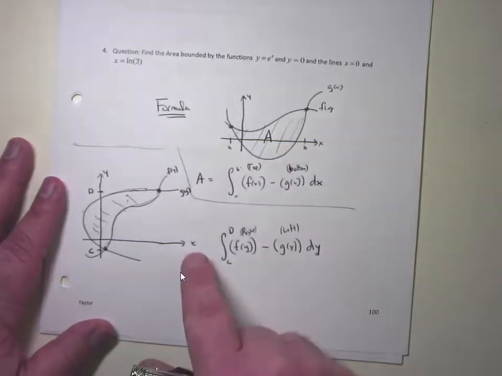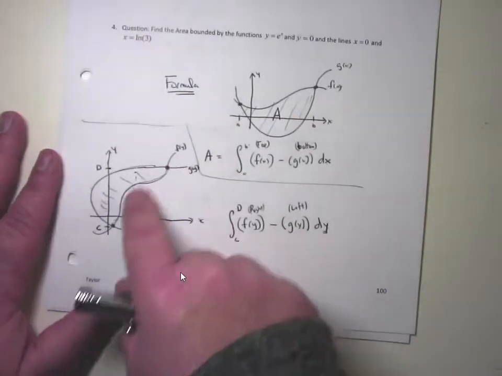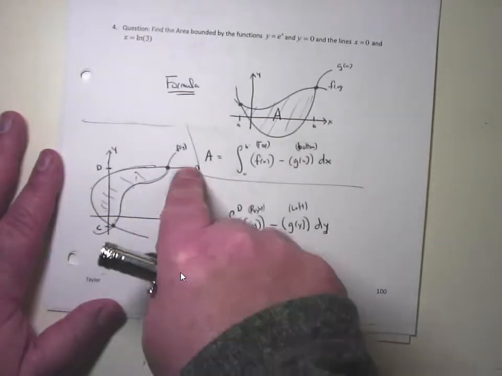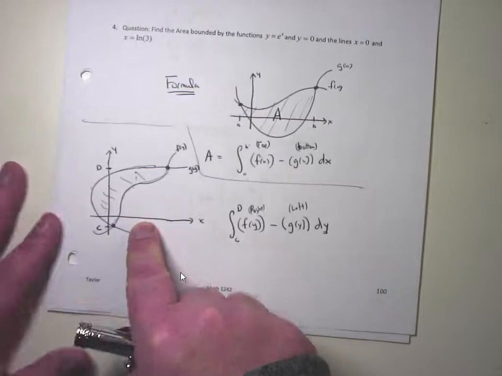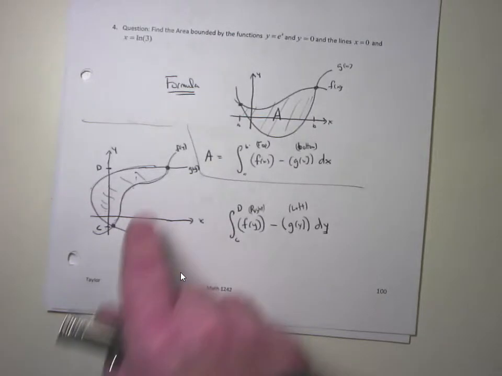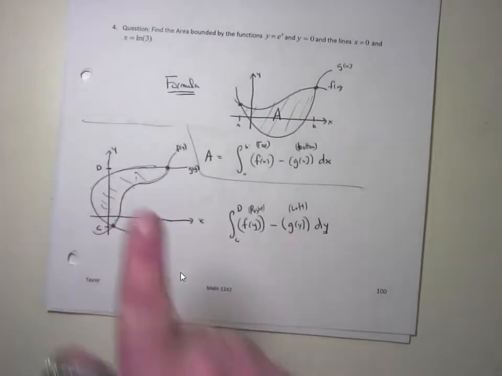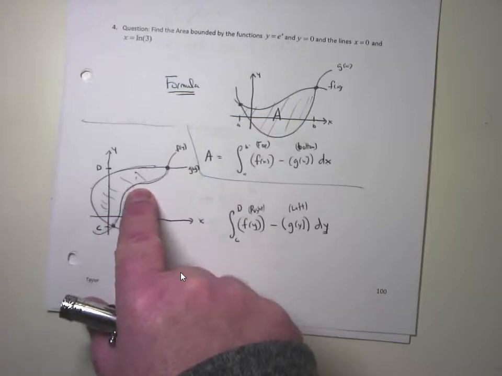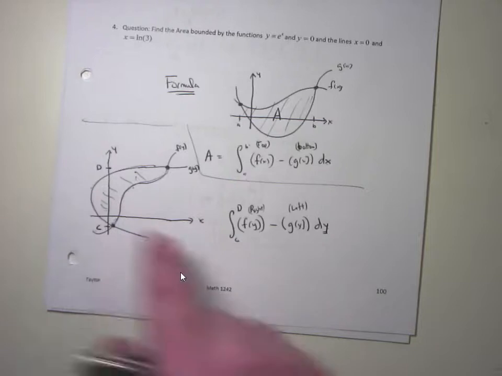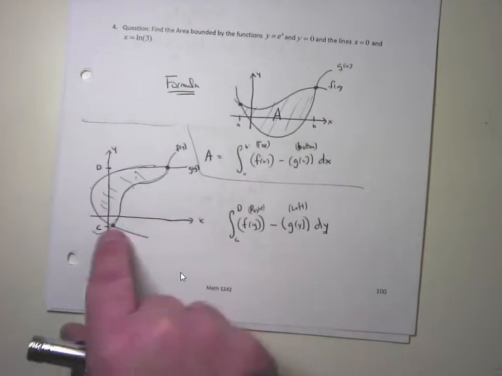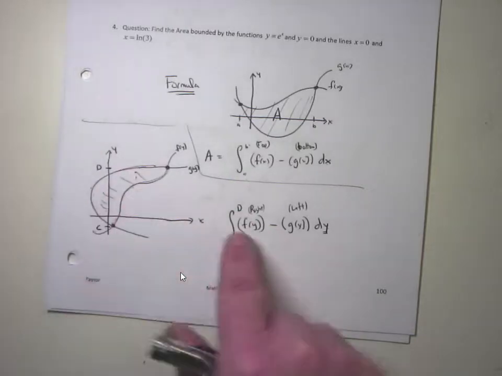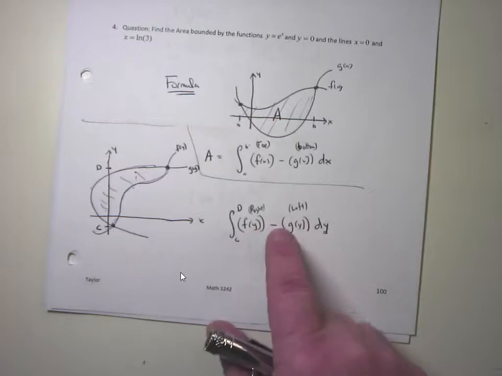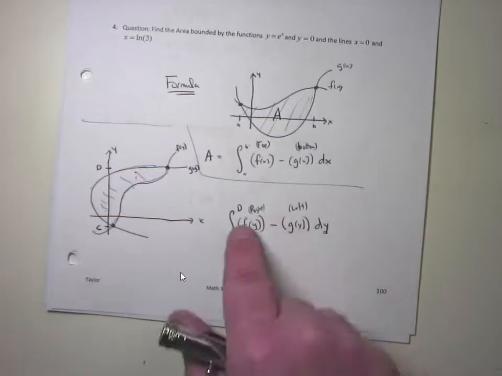Or, if you happen to graph a region and it happens to not be a function, you've got a curve on its side that clearly violates the vertical line test. But if you look at the region, you have a distinct right side and a left side of the region. Then it's the integral from c to d, your points of intersection in terms of y, of f of y minus g of y, dy, right minus left, dy.